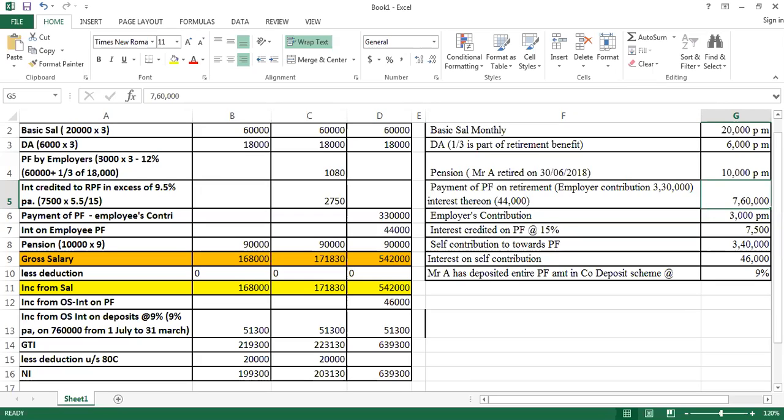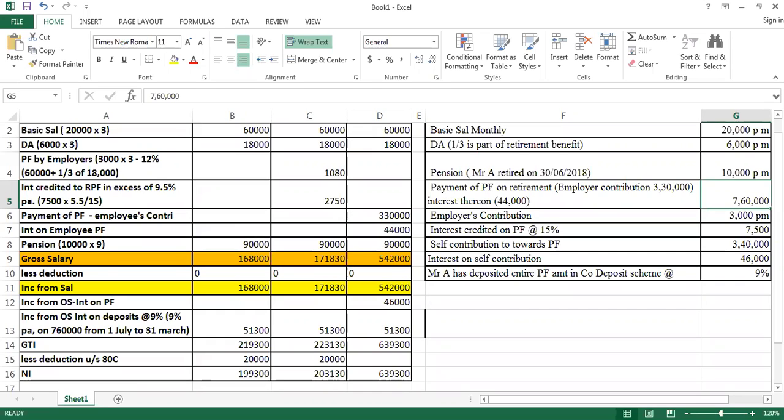After 30th June, from 1st July, you got 7,60,000. You invested the money immediately in a company deposit scheme, so you are eligible for interest of 9% for the next 9 months. Are you able to understand what I'm trying to tell you?